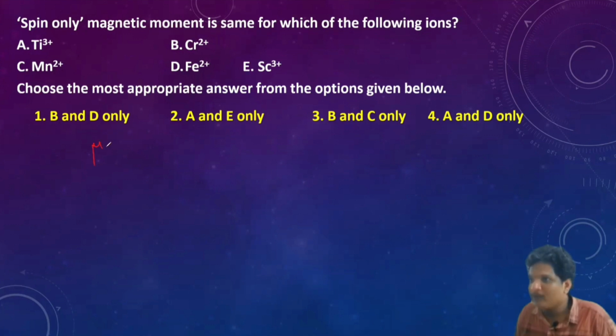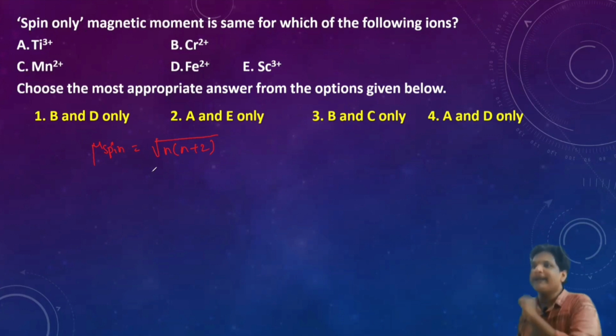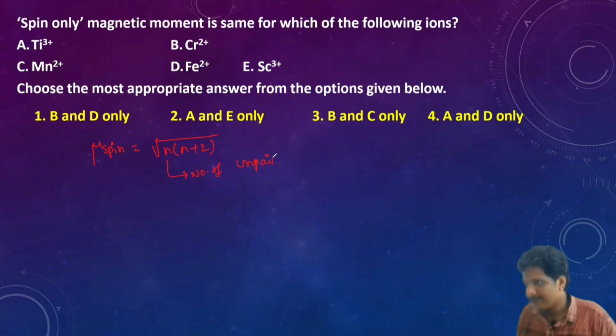Mu spin is equal to √n(n+2), where n is the number of unpaired electrons.